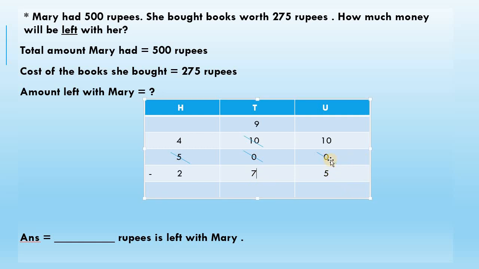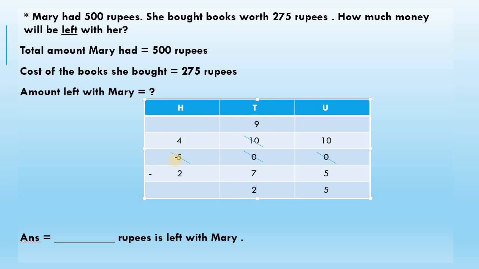You convert the 0 into 10, then the tens 0 you have to make into 10 and then make it into 9 because you have taken 1 from here for the units place. Okay. So 10 minus 5 is 5. 9 minus 7 is 2. Now, since you took 1 from the hundreds place to make 10 in the tens place, you have to remove 1 from the hundreds place.